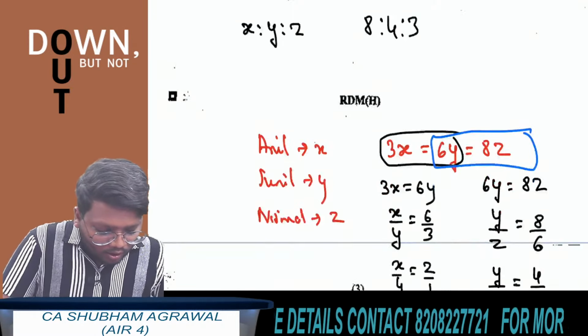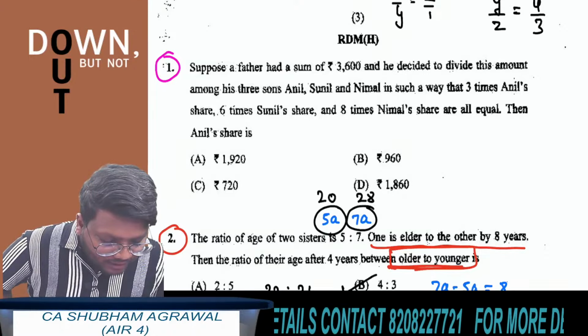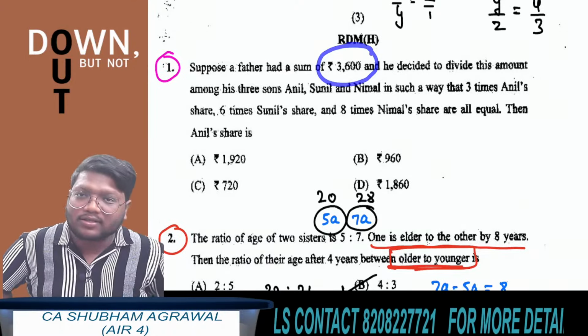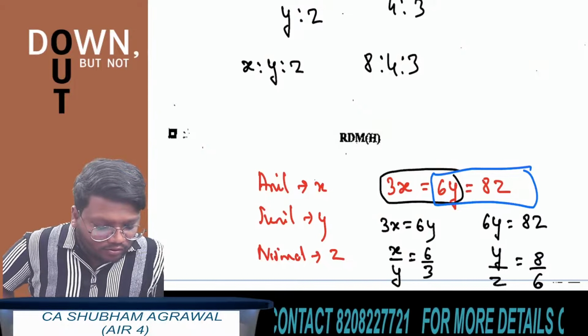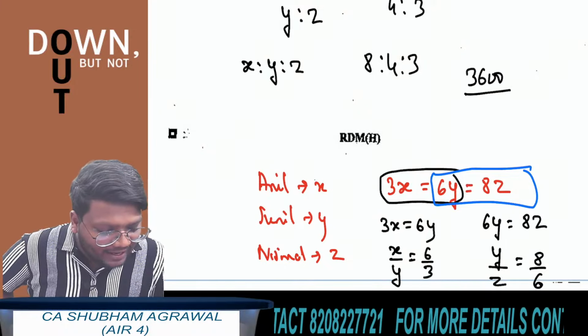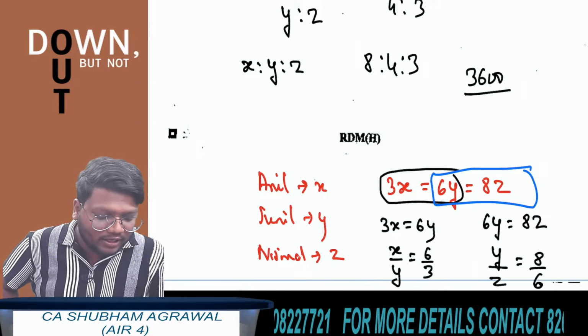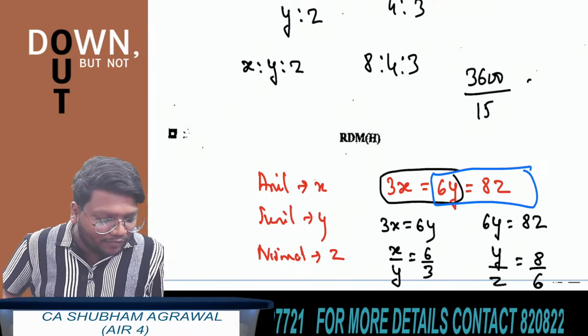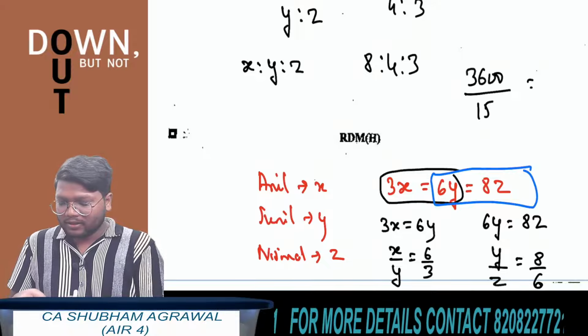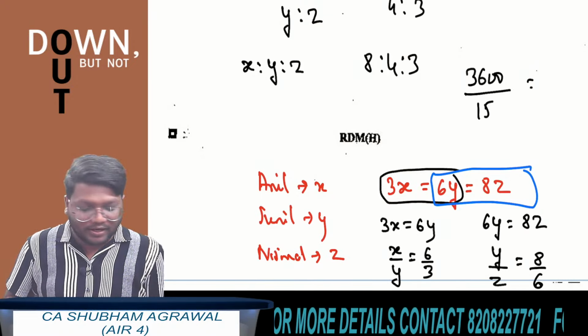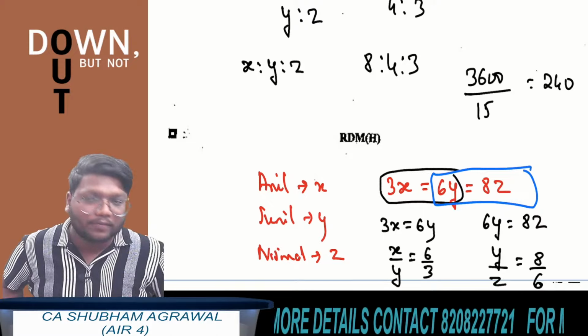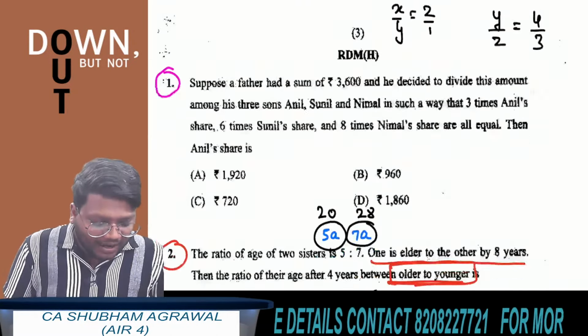Now, the total amount is 3,600. So what you have to do is 3,600 divided by 8 plus 4 plus 3, which is 15. 3,600 divided by 15 is 240. What have they asked in the question?